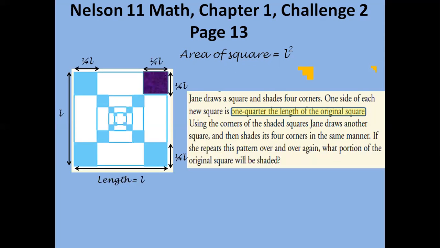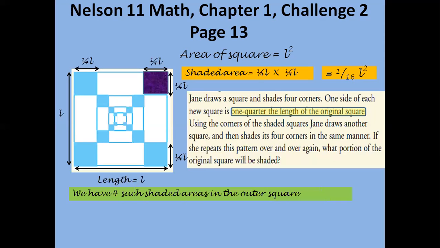You see the area of one shaded portion will be 1/4 of L times 1/4 of L, which will be 1/16 of L square. And we have four such shaded areas. One is already shown for you. There is another, this is the second one, third one, and fourth one.